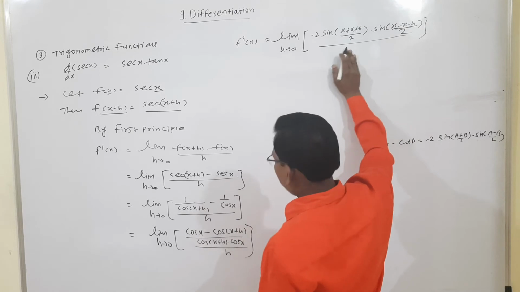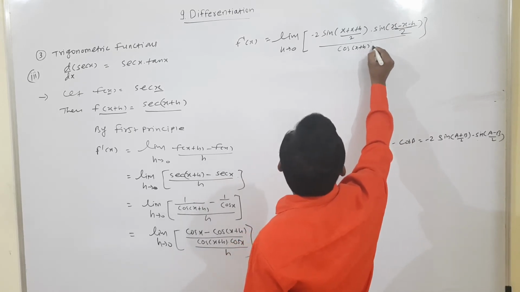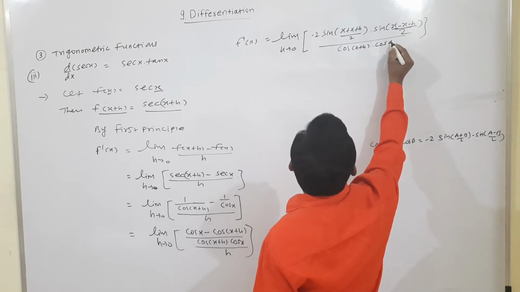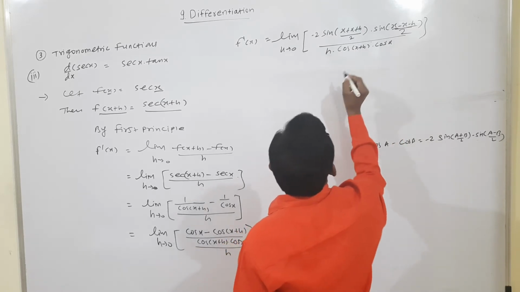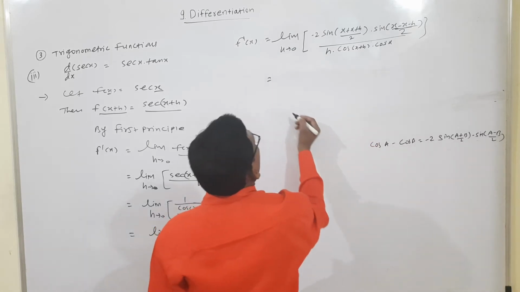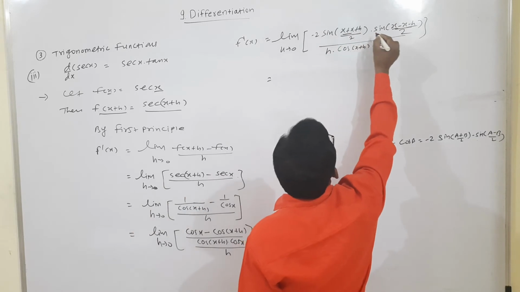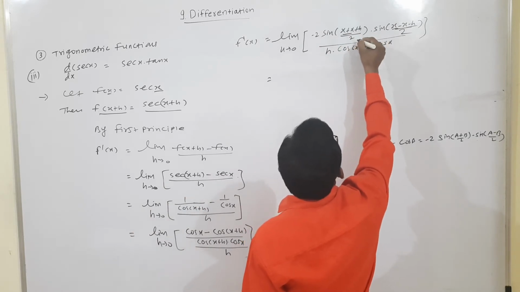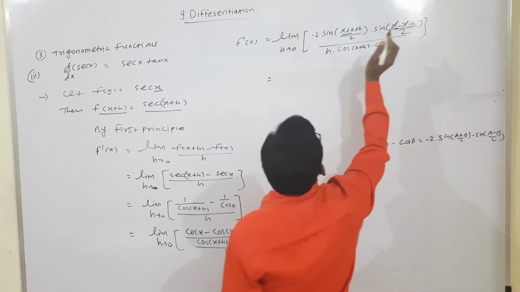Divided by cos of x plus h into cos x, and we write the h here into h. Now here x plus x is 2x, 2x by 2 is x only, plus h by 2, and the plus x minus x will cancel.